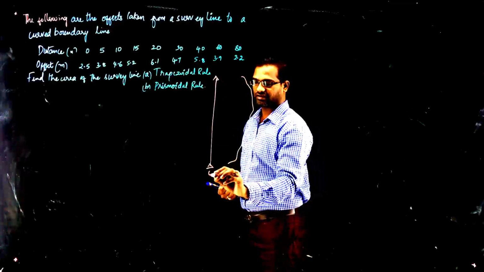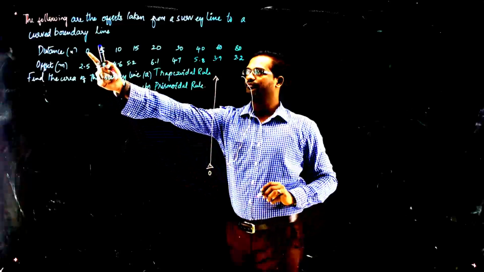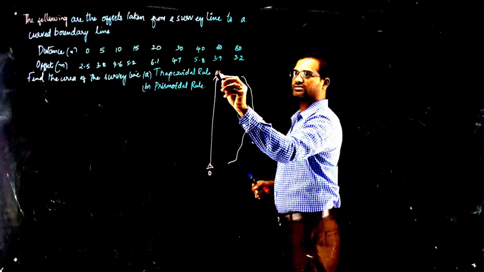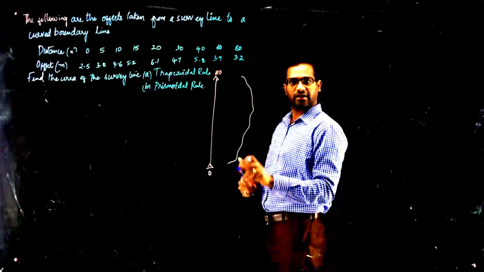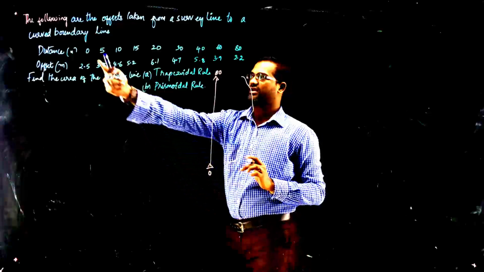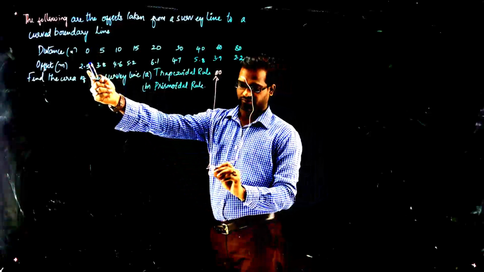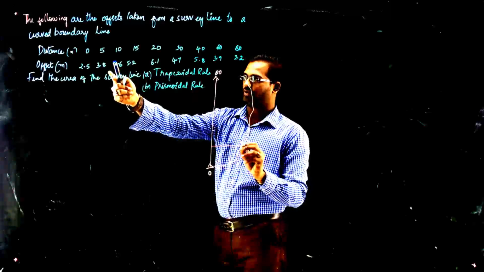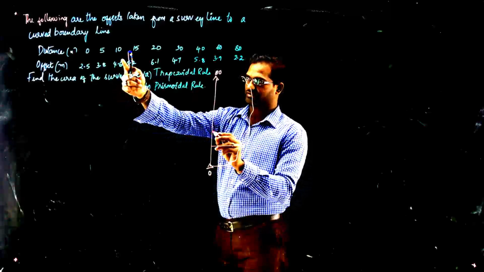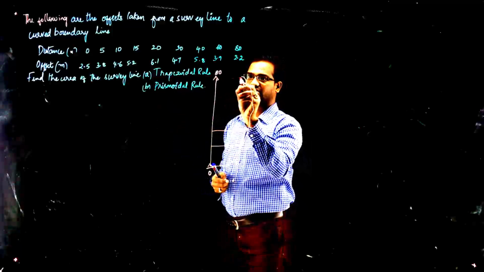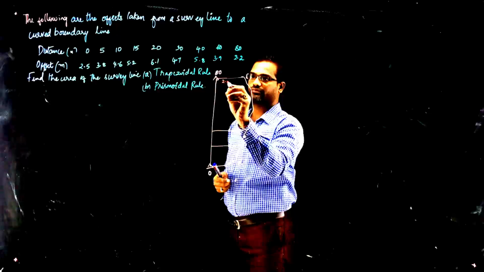The survey line starts at 0 and ends at 80 meters, and to this irregular boundary he has taken offsets, which means at 0 it is 2.5, at 5 meters it is 3.8, at 10 meters it is 4.6. Likewise, at 80 meters the offset is 2.2.